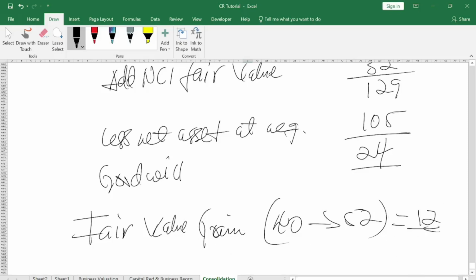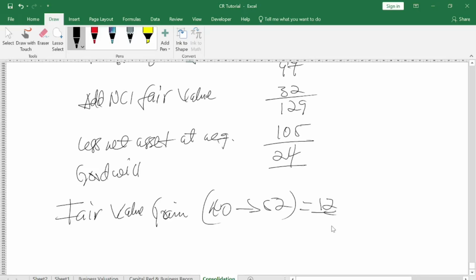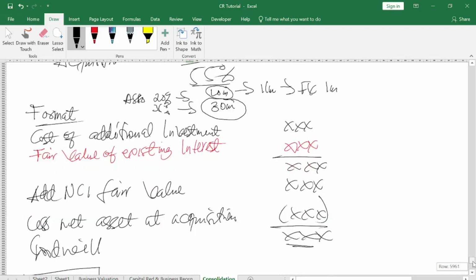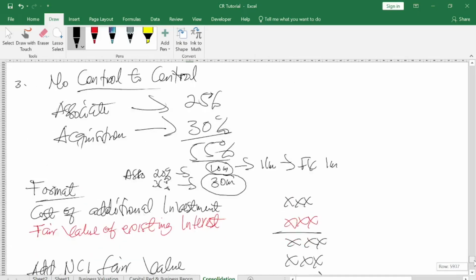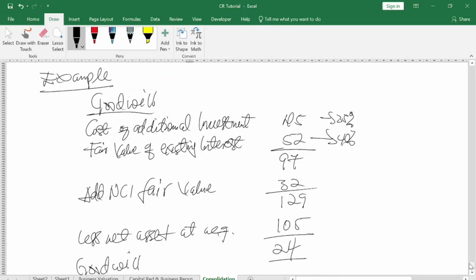So that is all about that. Please go and revise your notes on these things. When you look at no control to control, it's not difficult. It's all about understanding your IFRS 3 business combination processes. Just that when you get to the fair value of existing interest, you bring it in addition.